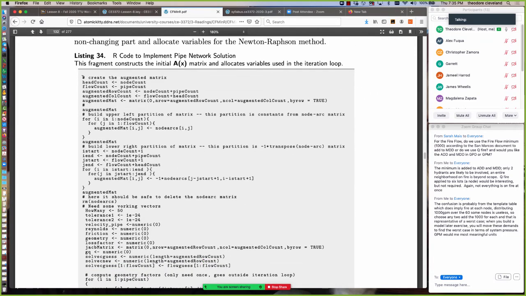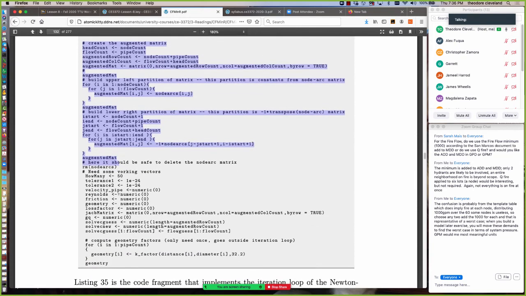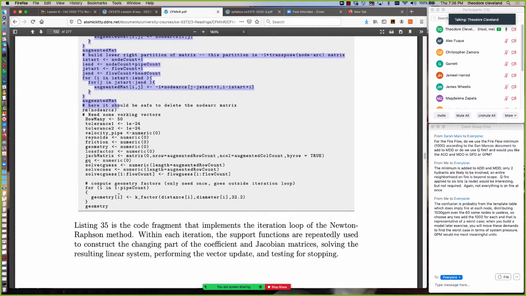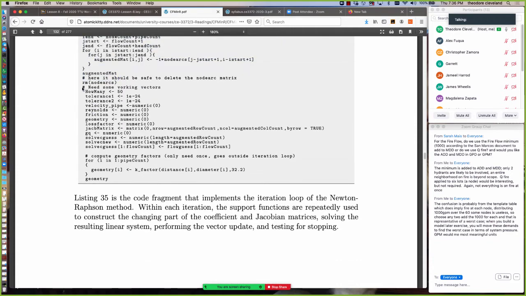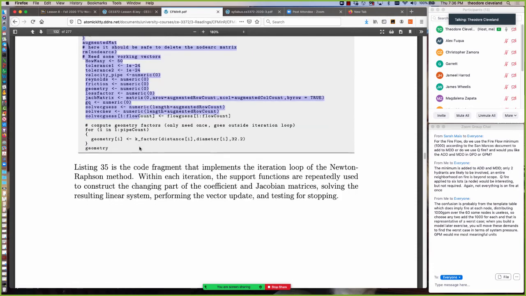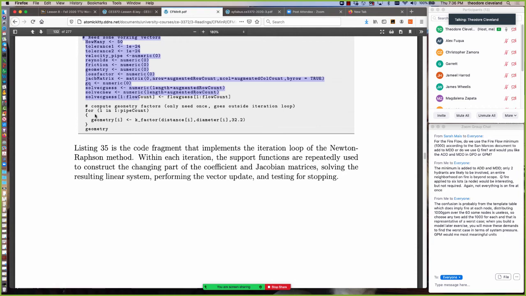Then there's the part that builds the A matrix, except for the loss terms. Then we have a portion that is just initially creating space for keeping track of things.